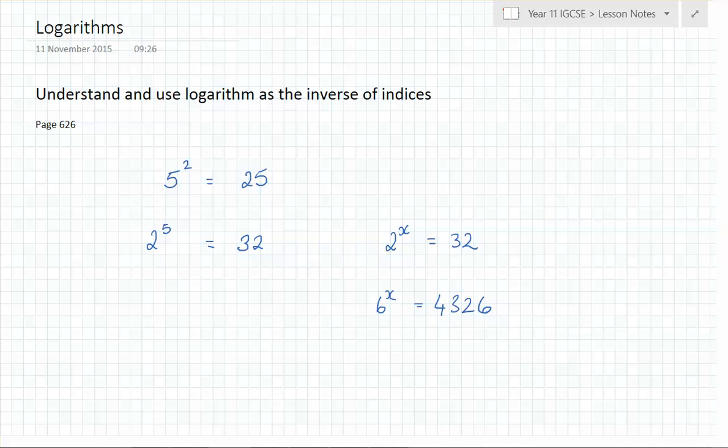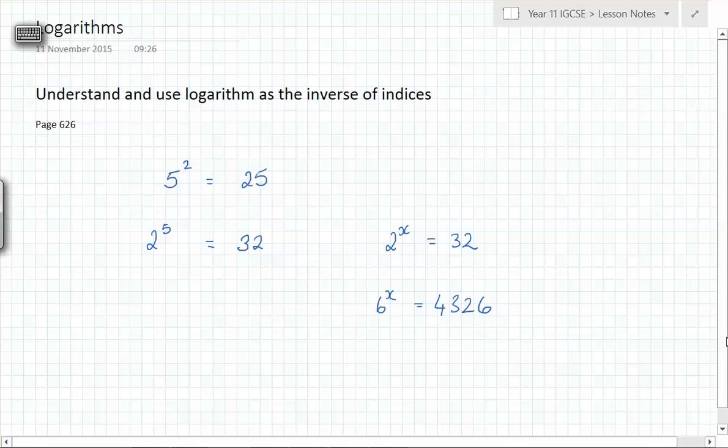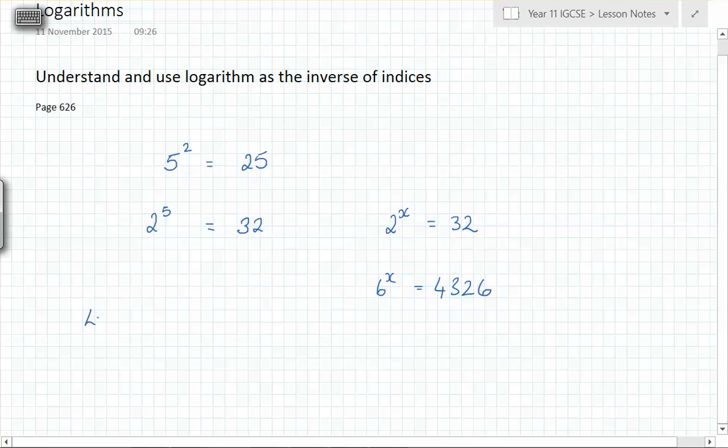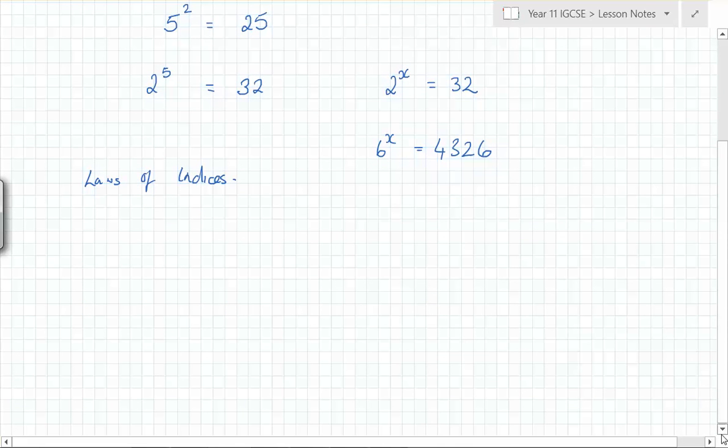Okay. All right. Do you remember the rules, the laws of indices? Let's remind ourselves then. What are the laws of indices, just to recap? What would you tell me? What are the laws that you remember? When you're adding two numbers to the power of, so if I do a to the power of m plus a to the power of something different, would be a to the power of m plus n?